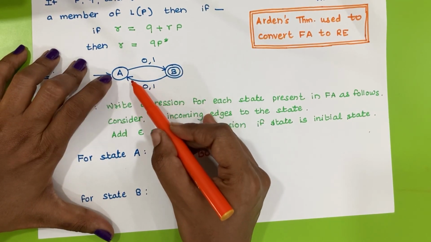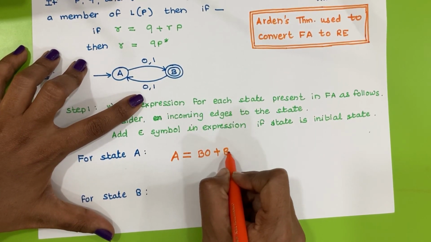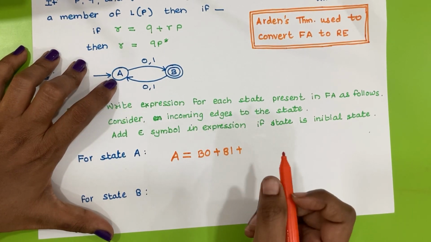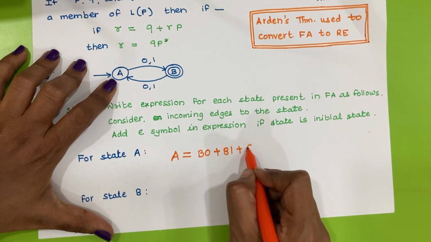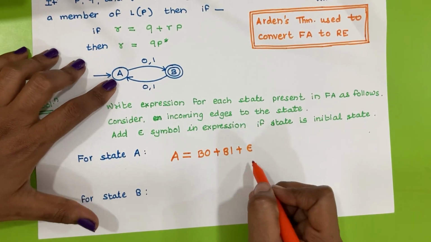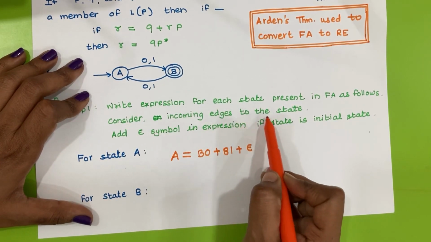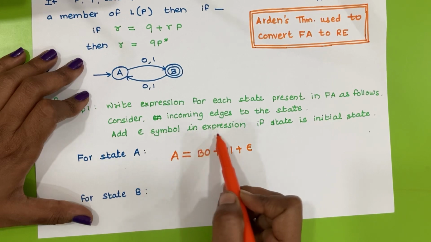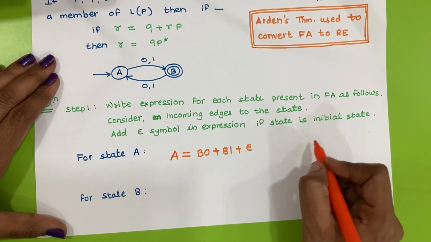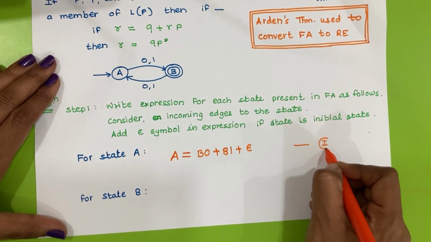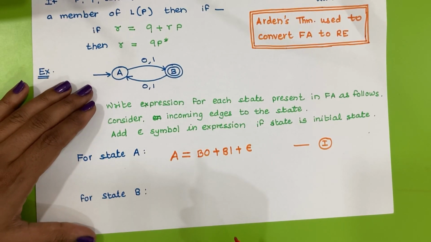So B0 is coming to state A, as well as B1. And this is the initial state, so we have to add the empty symbol only for the initial state. So the rule is: consider incoming edges to the state, and add the empty symbol in the expression if the state is the initial state. This is my expression for state A. I'll write it as expression number 1.